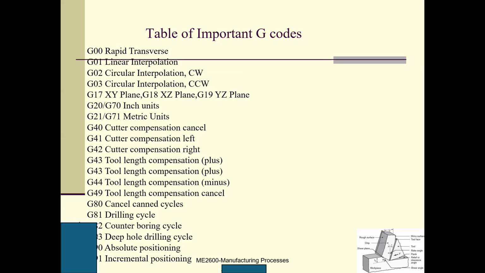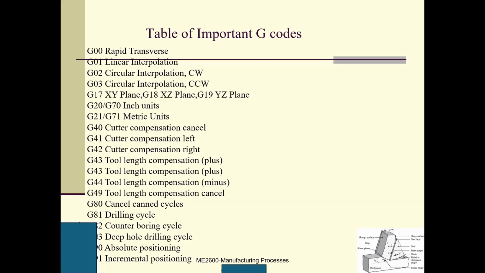T02, circular interpolation, is clockwise. And T03 is counterclockwise. Write down, okay? So you still need to memorize some facts. T17 is work on the XY plane, T18 the XZ plane, T19 the YZ plane.